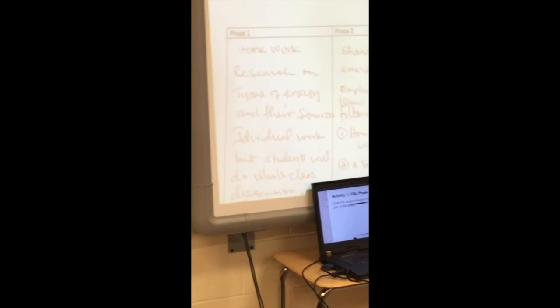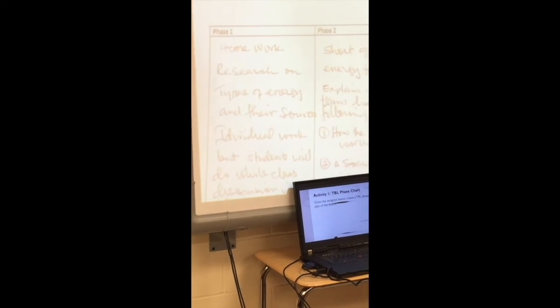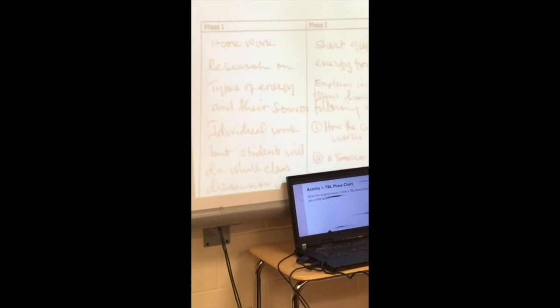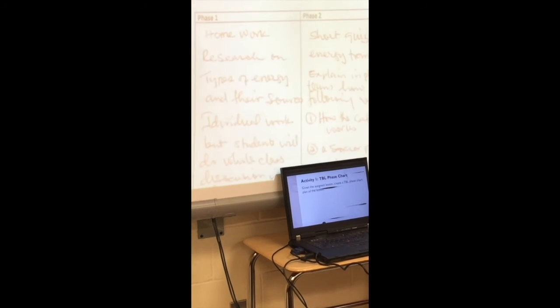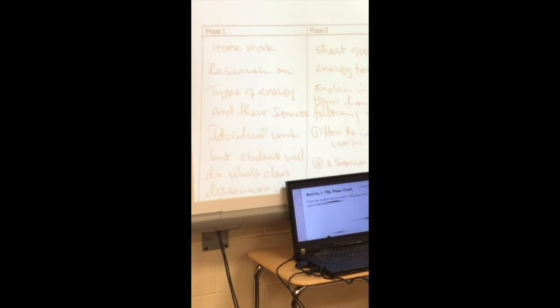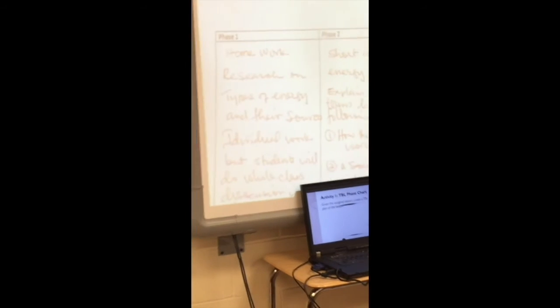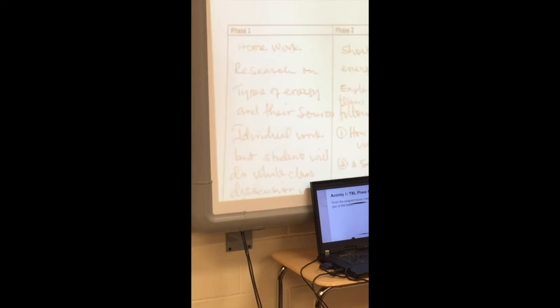Good afternoon, everyone. What we discussed in our group, we came out with 3 major phases for the construction of the roller coaster, which is the end product. We started by giving the students some assignment.